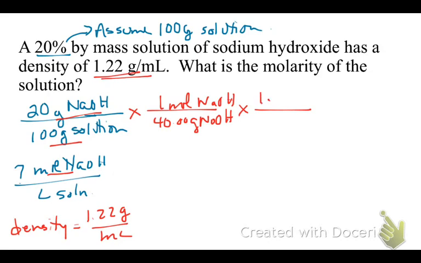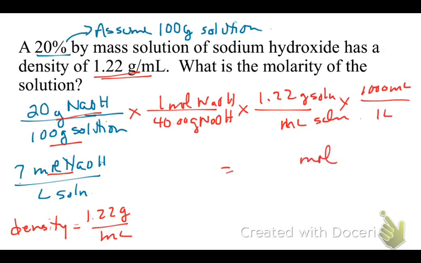Then I've got 1.22 grams of solution in 1 milliliter of solution, times 1,000 milliliters in 1 liter. And that will get me to my moles sodium hydroxide per 1 liter solution.